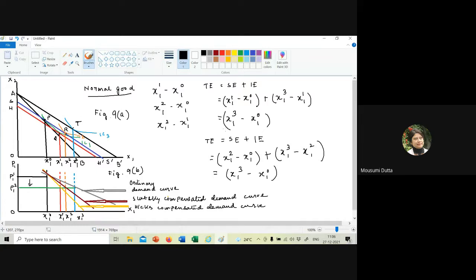However, it is impossible to keep them on the same indifference curve.